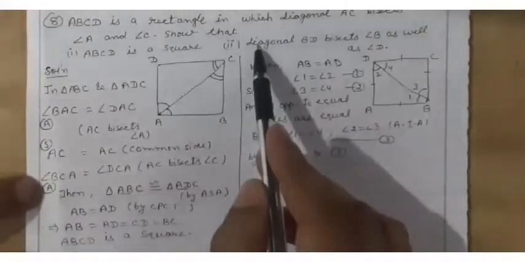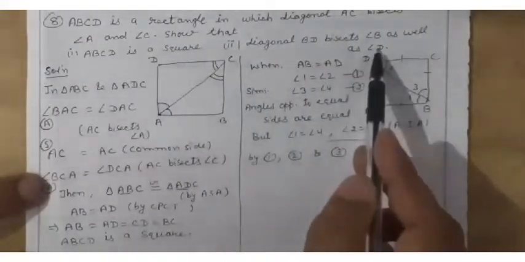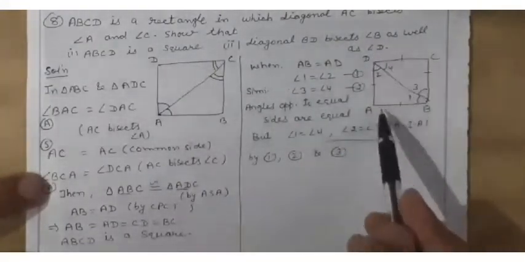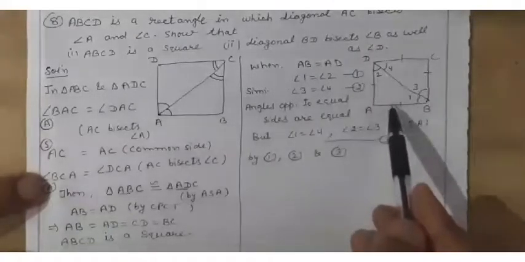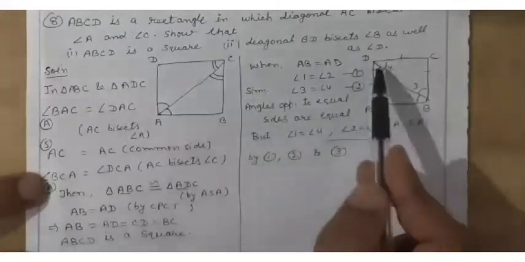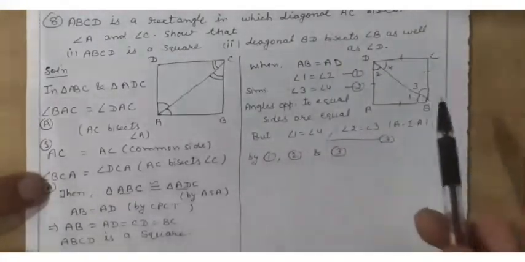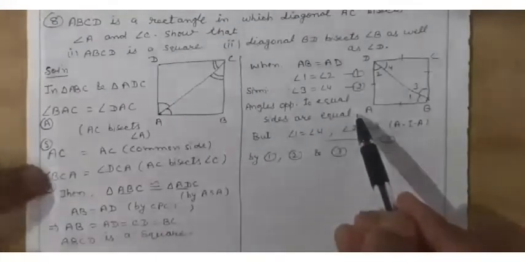What is the second thing? Diagonal BD bisects angle B as well as angle D. You make the square again. Now this is the square we have proved. You can put dash there and join this BD and mark angle 1, 2, 3, 4 as it is. There is no problem.